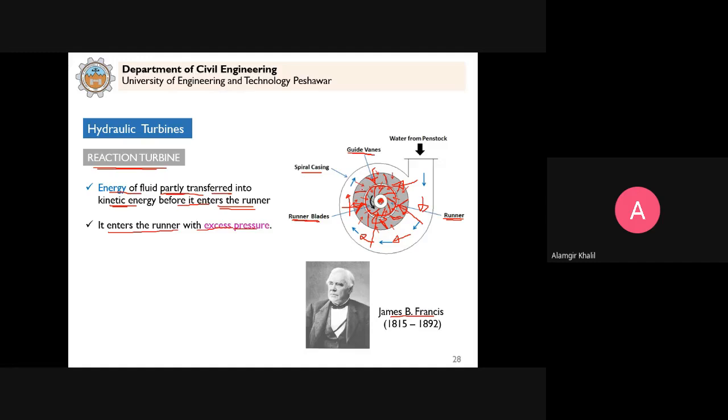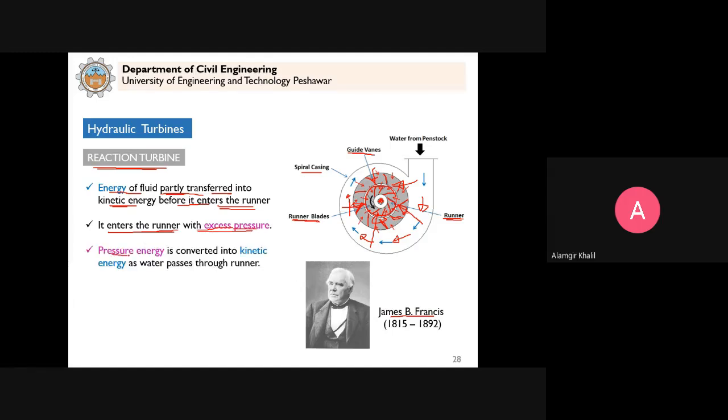Clear? Because in case of an impulse turbine, there is no pressure, only atmospheric pressure, the jet of water. So that kinetic energy is what acts on the buckets of an impulse turbine. But in this case, the wheel runs full of water. So that's why the water enters the runner with pressure.